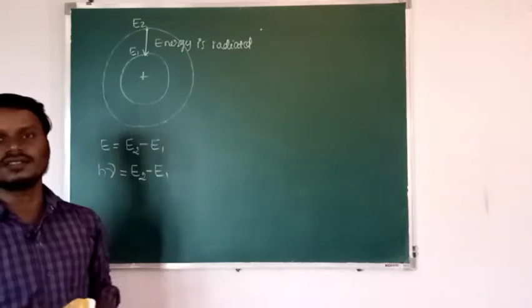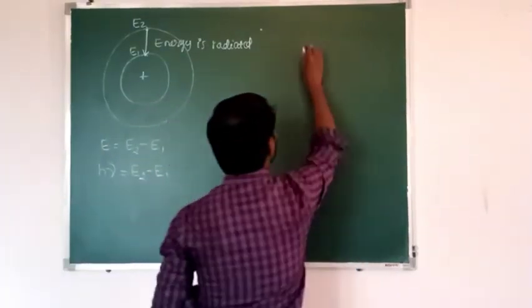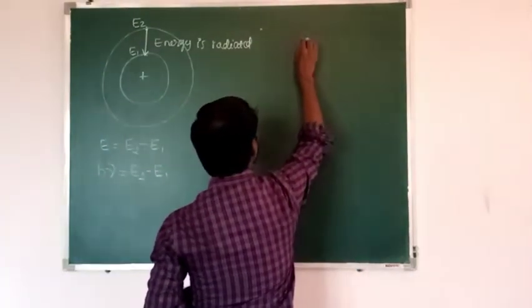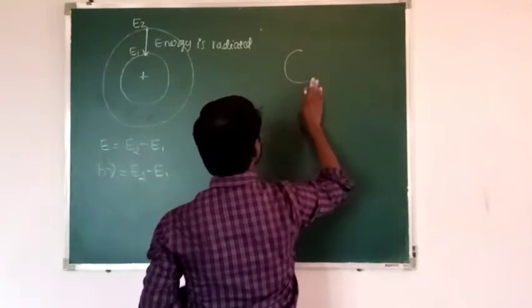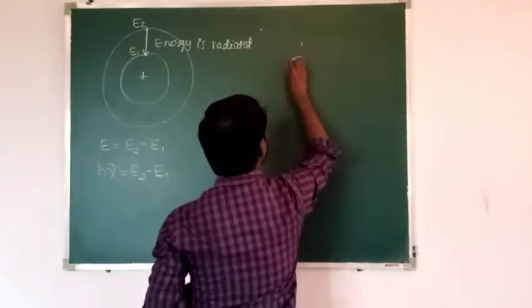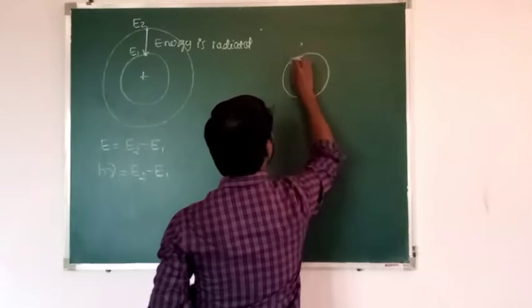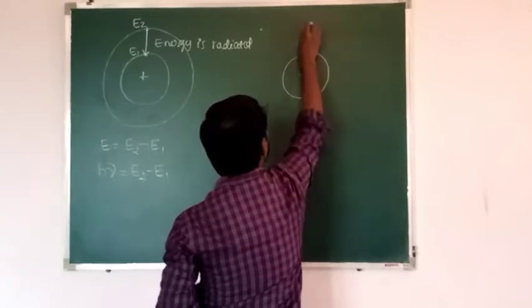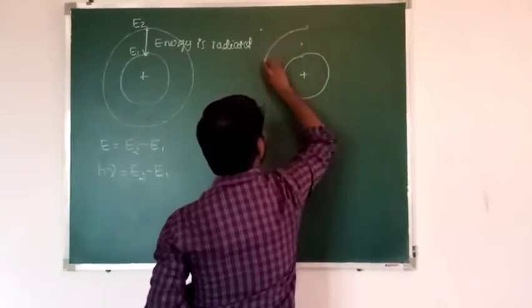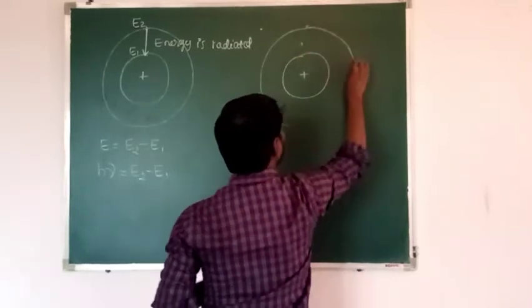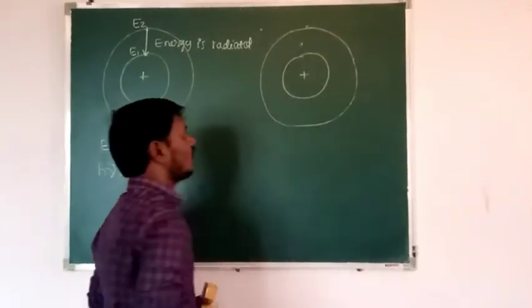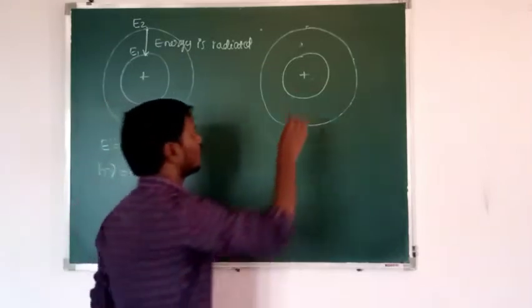Okay, so this is the case where energy is radiated when an electron jumps from a higher stationary orbit to a lower stationary orbit. Suppose the energy is given to the electron in the lower stationary orbit. This is the nucleus, this is the first orbit and this is the second orbit. Initially an electron is in the first orbit.